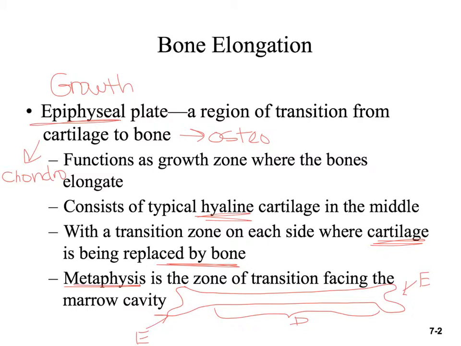The metaphyses are at the epiphyseal plate, and they face the side of the marrow cavity. They are just that zone of transition where you are changing from chondrocytes to osteocytes. It's present in the epiphyseal plate, and as I said, it's on the side of the medullary cavity or the marrow cavity. So that's just a new term for us.